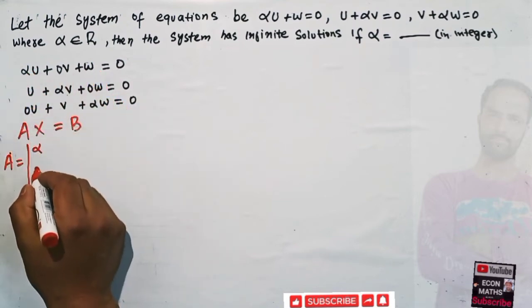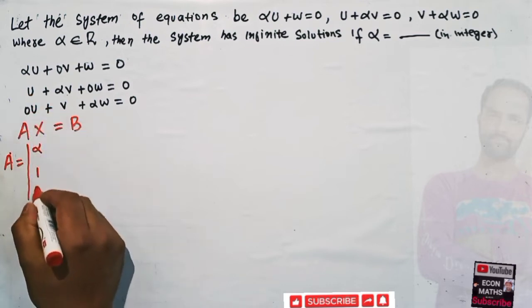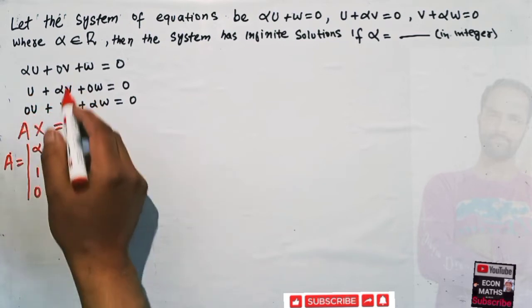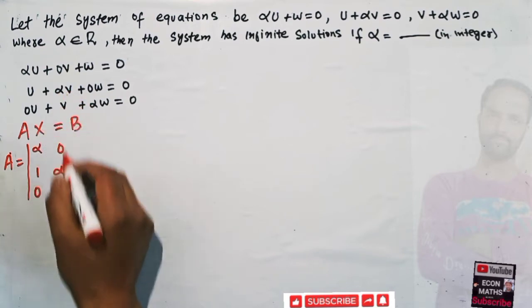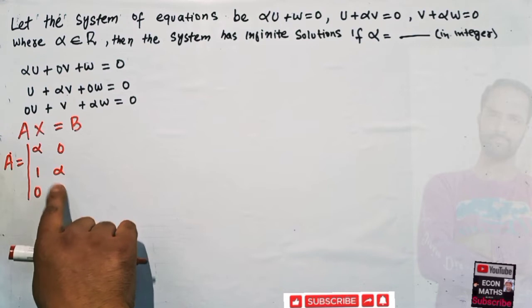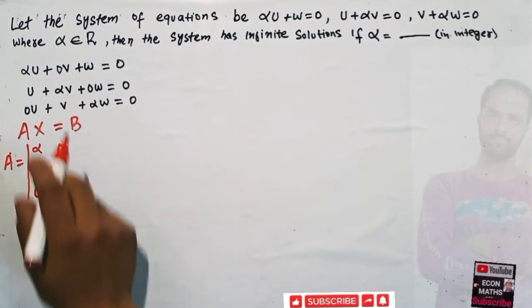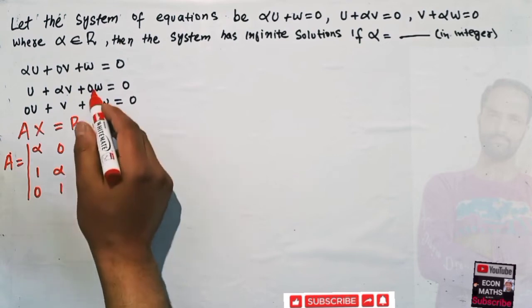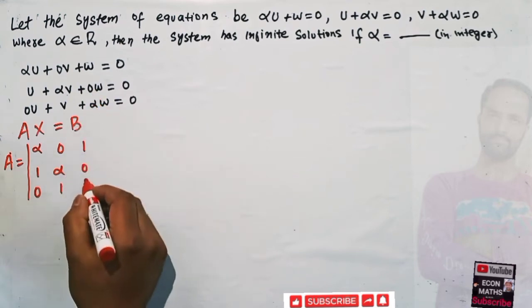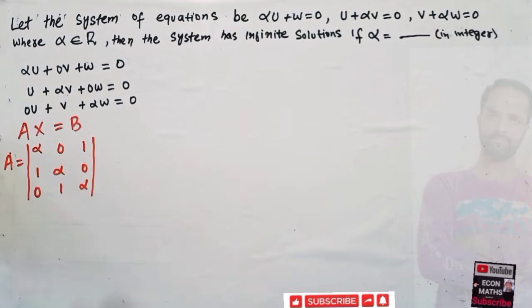Here we have 1, the coefficient of u. Here we have 0, the coefficient of v as 0. Here we have alpha. Here we have 1 as the coefficient of v. Here the coefficient of w is 1. Here we have 0. This is our coefficient matrix.